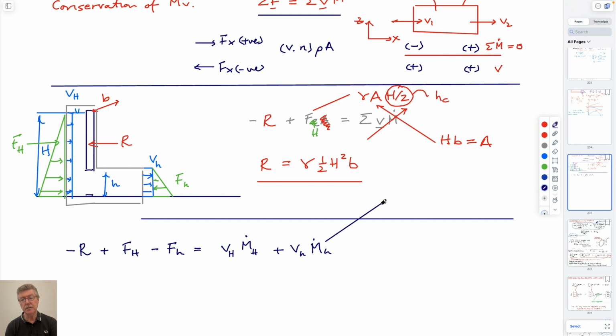Each of these terms is going to be a velocity in or out of the volume times a density times an area.